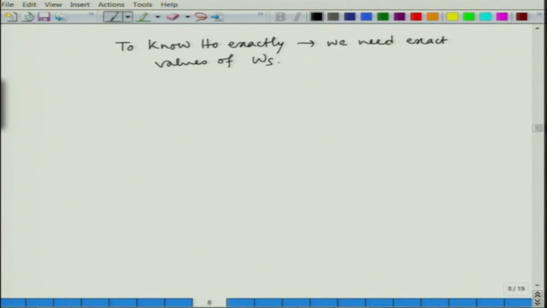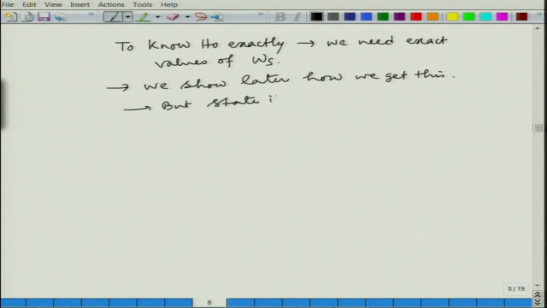So, again we will show later, but right now let me just state them, how we get this, but we can state it now, that is this omega s is known in terms of cos omega s is equal to minus tan L tan delta. Okay. So, this is also known exactly for a particular case.